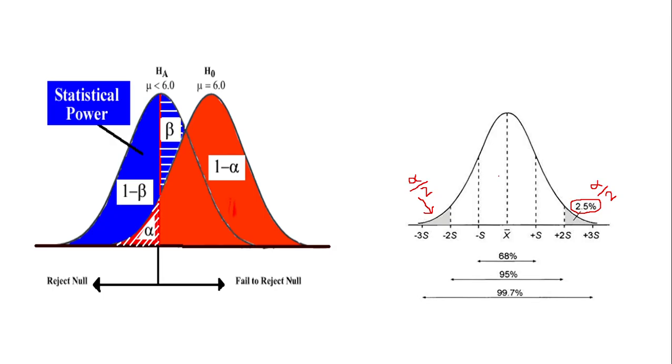On both sides there is alpha by 2, 2.5%, and standard deviations are there: plus s, plus 2s, plus 3s, and minus s, minus 2s, minus 3s. From plus s to minus s, it is 68% confidence interval, from plus 2s to minus 2s it is 95%, and from plus 3s to minus 3s it is 99.7% confidence interval.